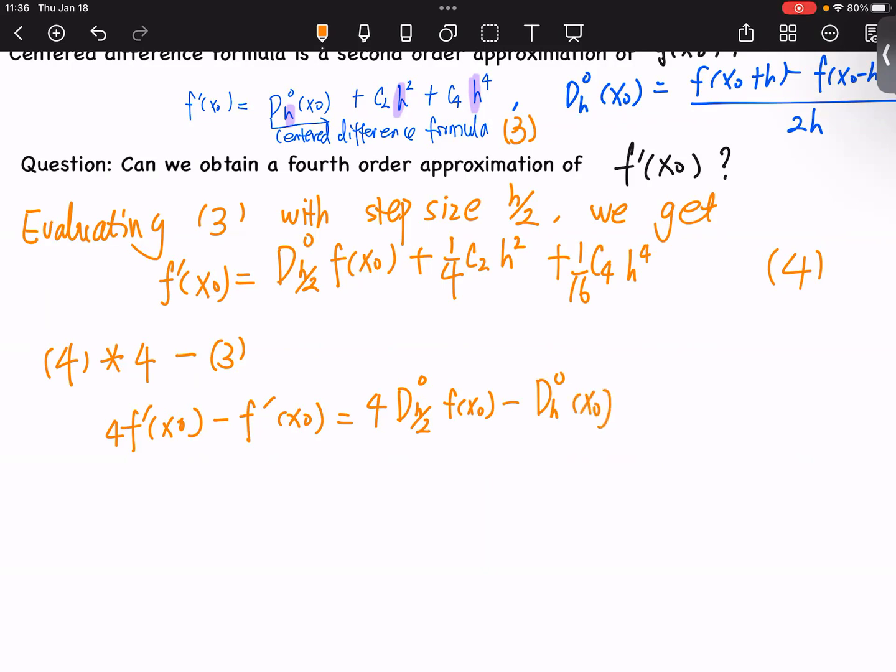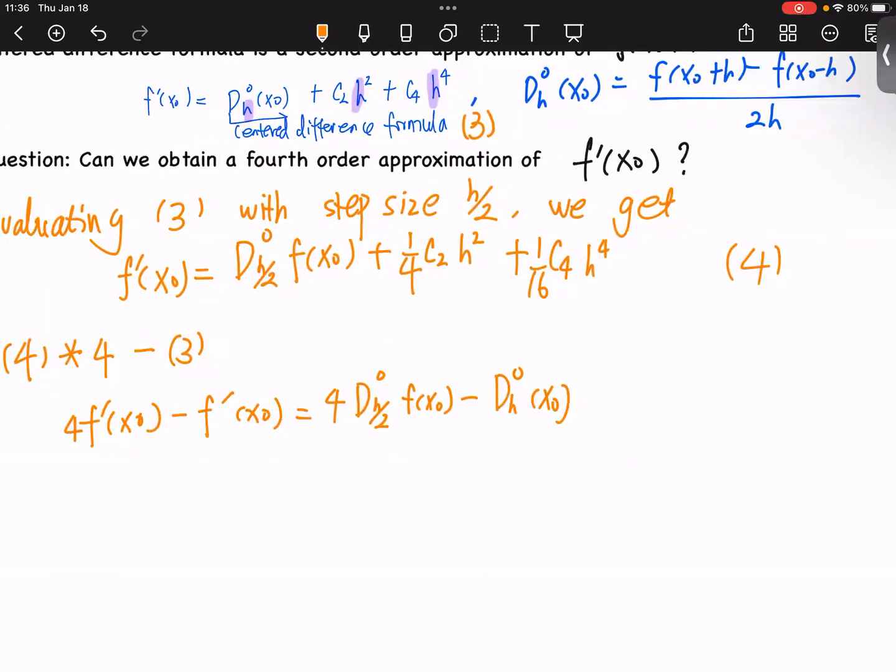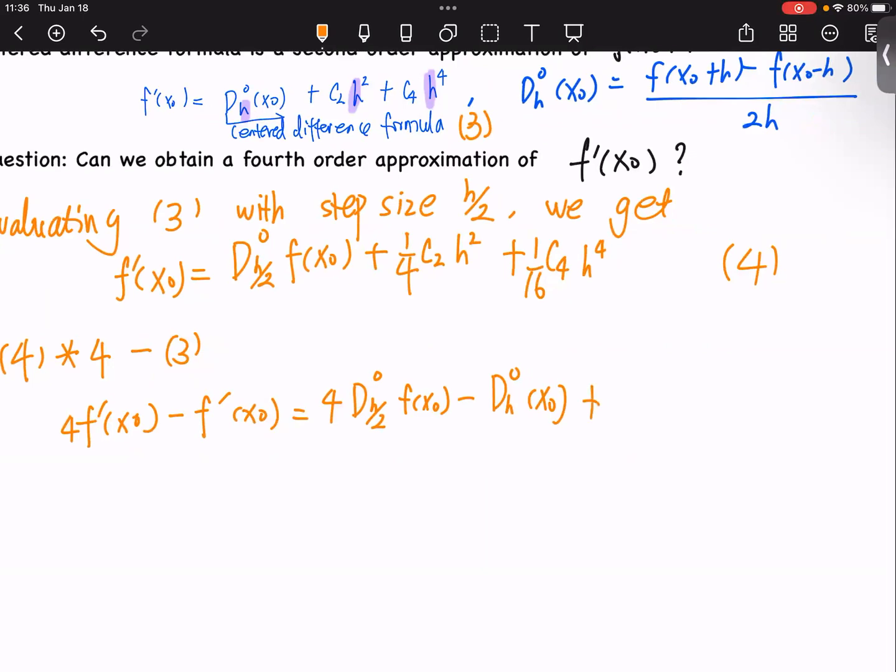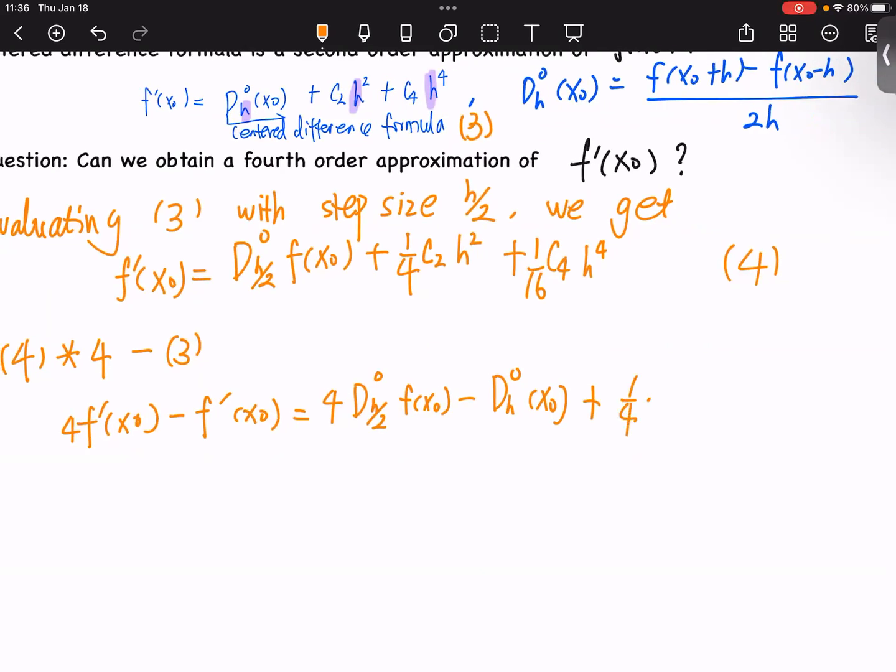And this time the error term is 1/4 times 4, times C2h squared, and then another h squared term coming from formula 3, which is C2h squared.